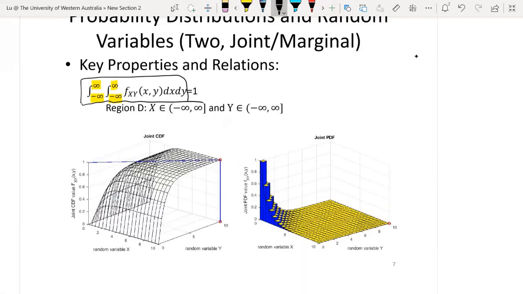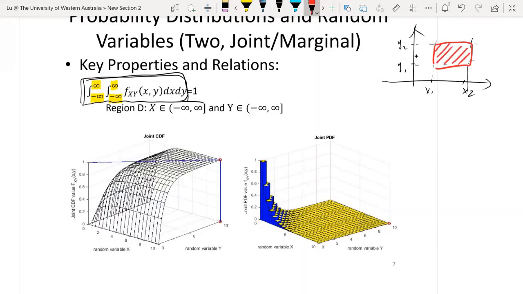Actually, this left-hand side of the equation is calculating the joint probability that x and y fall into region D covering the whole xy plane. In other words, recall that small graph I showed you, with x1, x2, y1, and y2 defining the red region D. This is the one we discussed before, right?